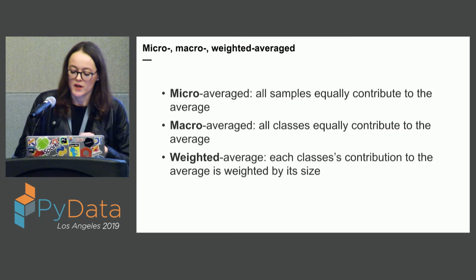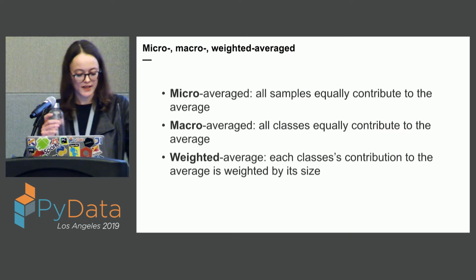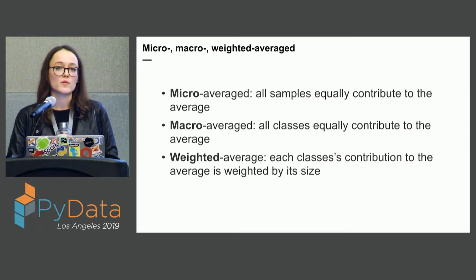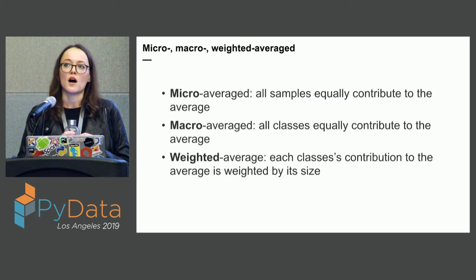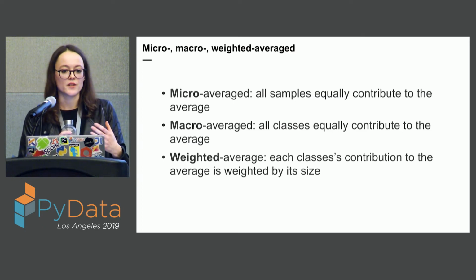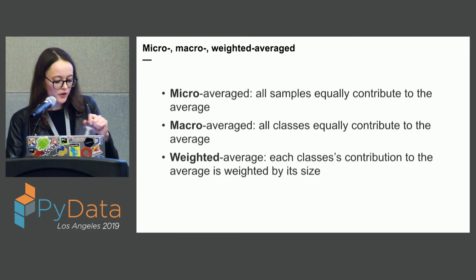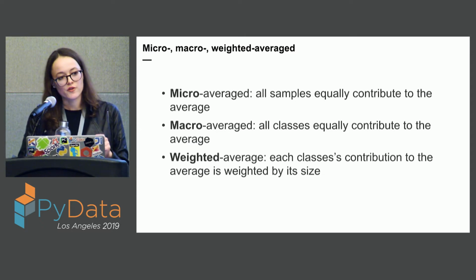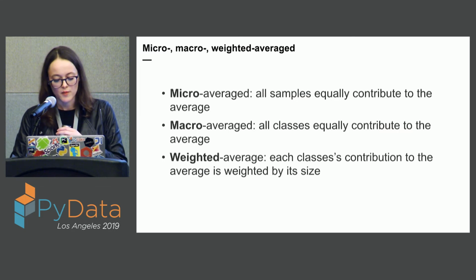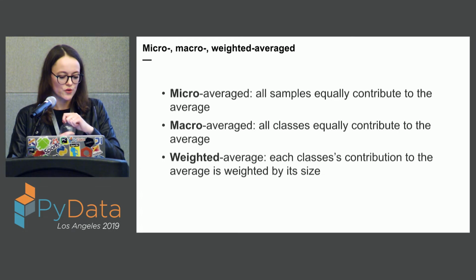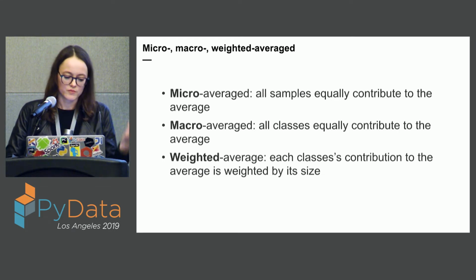So for example, if you have, again, class imbalance data set, and if you have some classes that are more important to get right, you may want to go for a macro average to amplify the contribution of underrepresented classes. Scikit-learn documentation recommends using micro-averaging for multi-label problems. And in other cases, you can also go for weighted average.